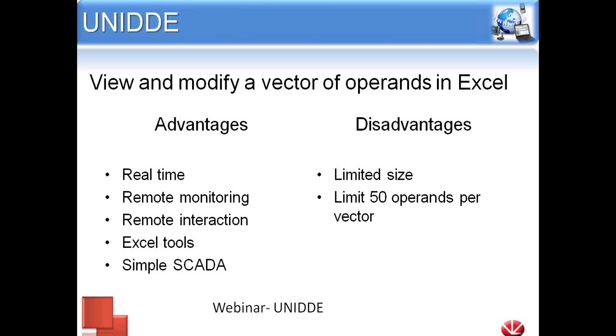Another advantage is that we have the Excel tools at our disposal. Once the vector is in Excel, we can use the graph functions, or put it in a bar graph. It can also be used as a simple SCADA in this way. We can monitor multiple PLCs, multiple vectors, and we can graph the vectors, and it can be used as somewhat of a simple SCADA.